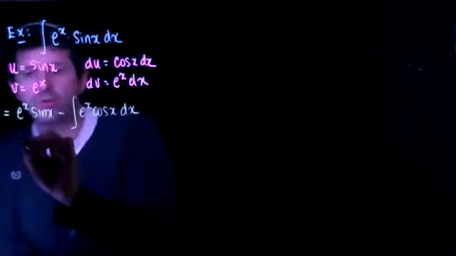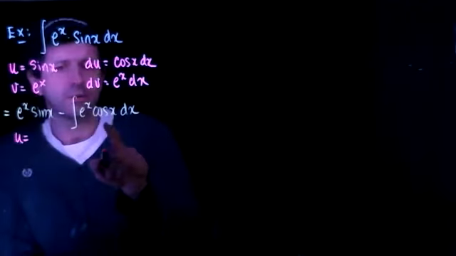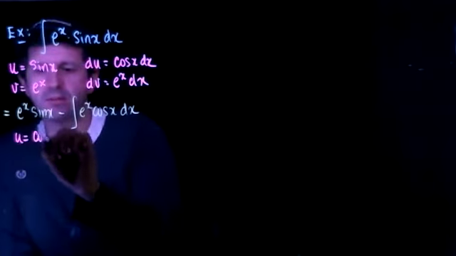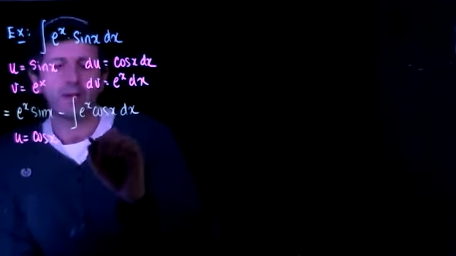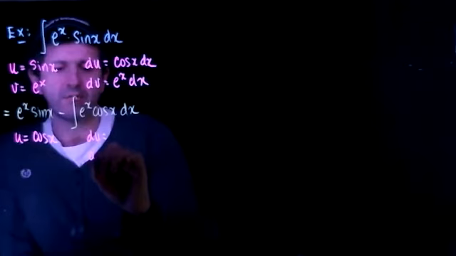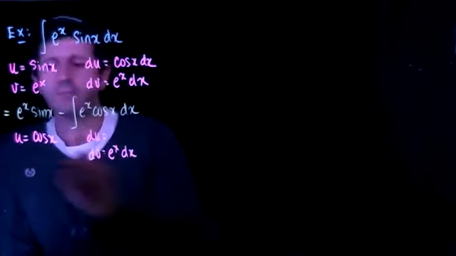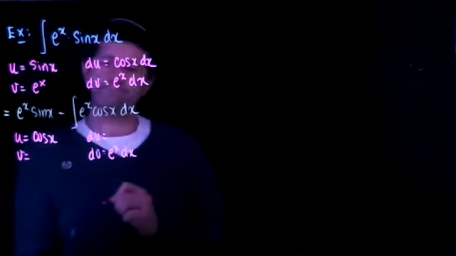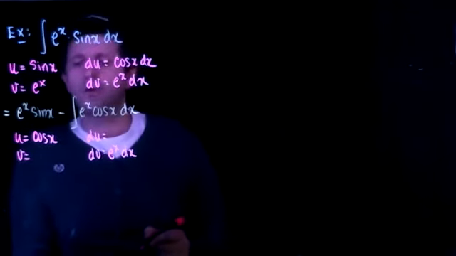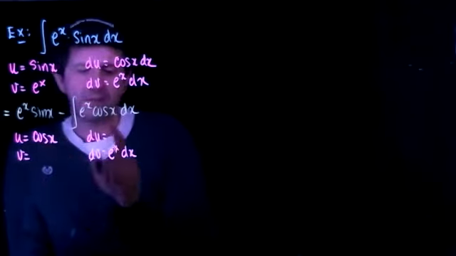Okay, so let's go. U equals, this time I'm going to take cos x. I'm going to find du, and then dv again is e to the x dx. And I'm going to find v. Okay, so what's du?